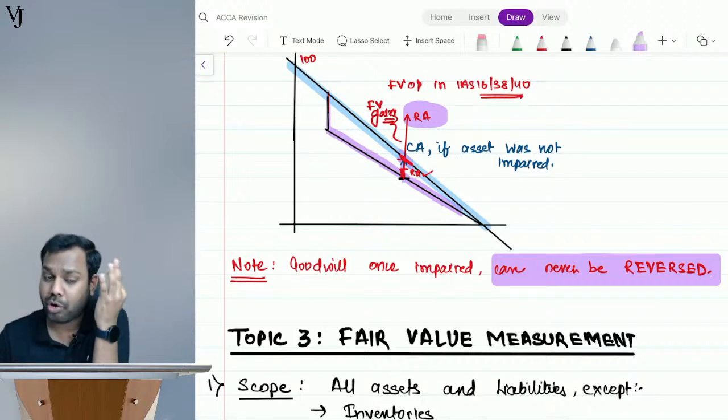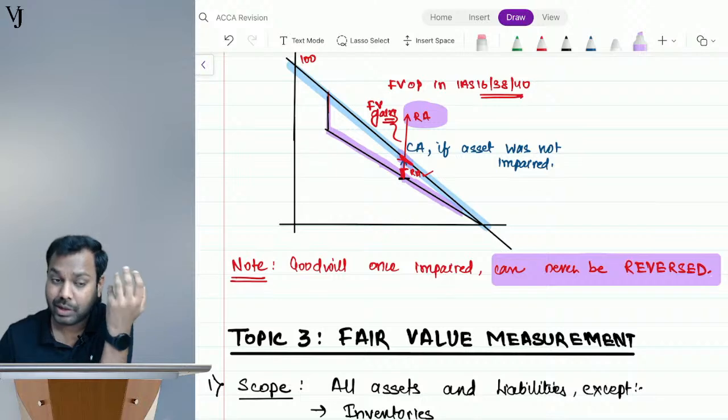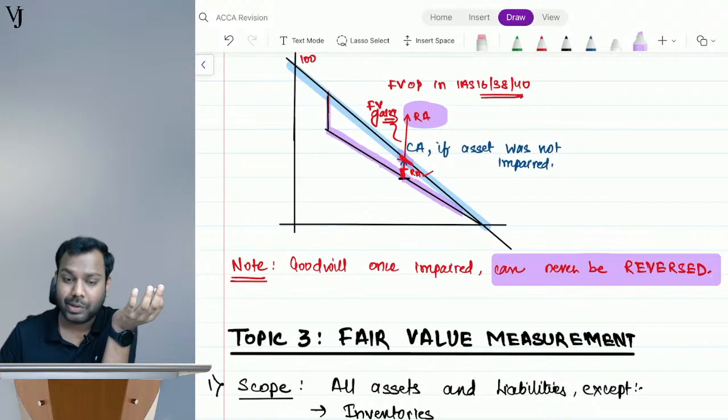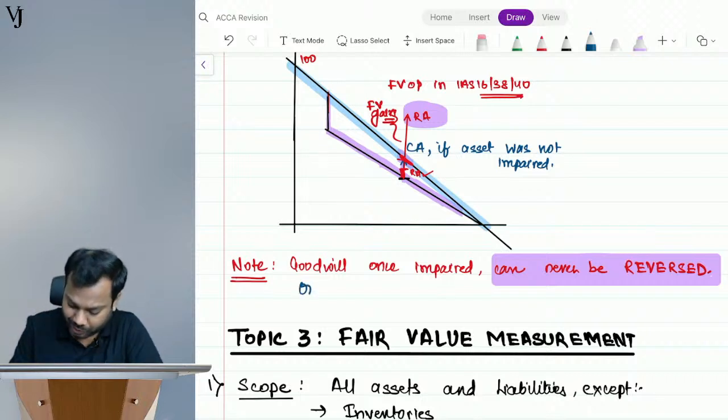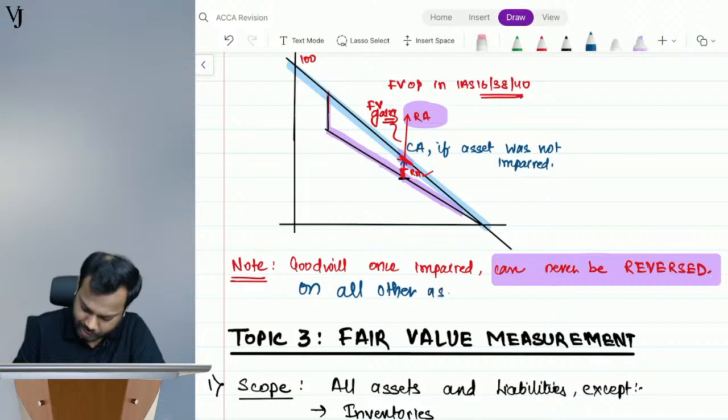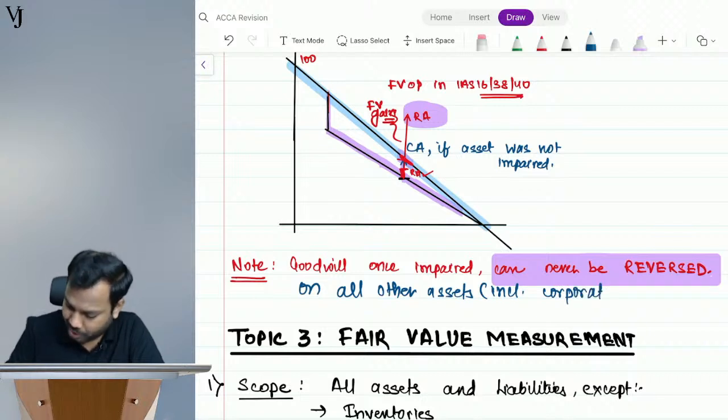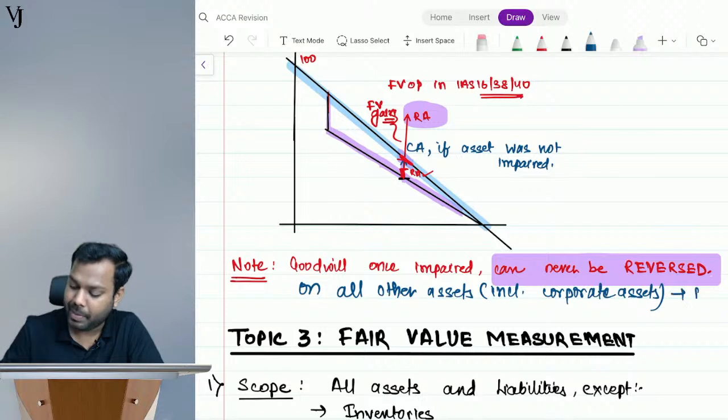On head office or corporate assets, yes, you can reverse. On all other assets, including corporate assets, impairment loss can be reversed.